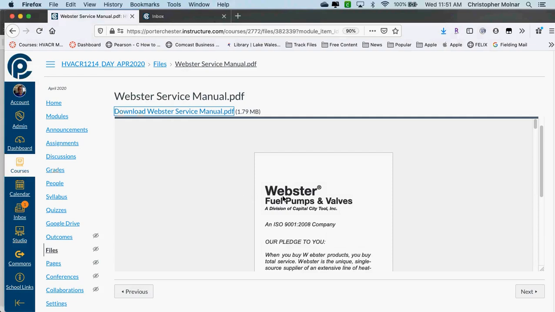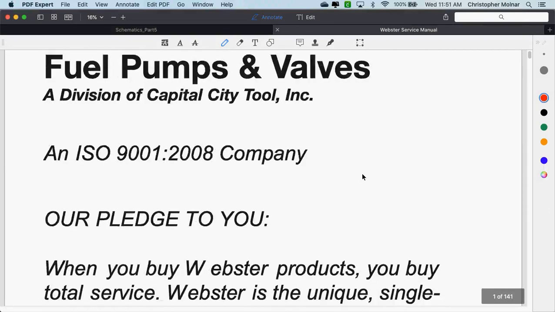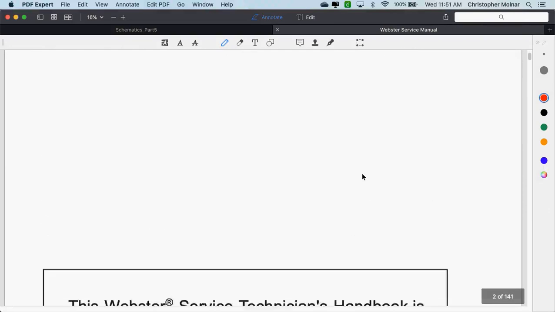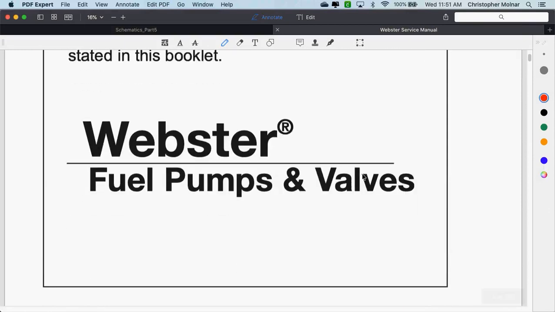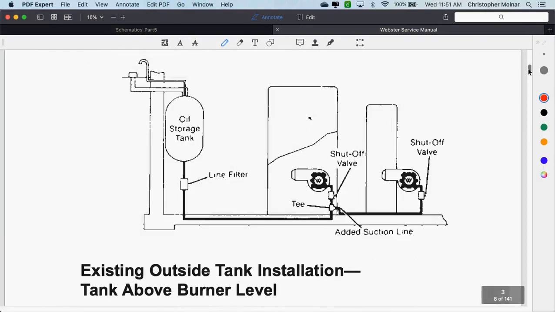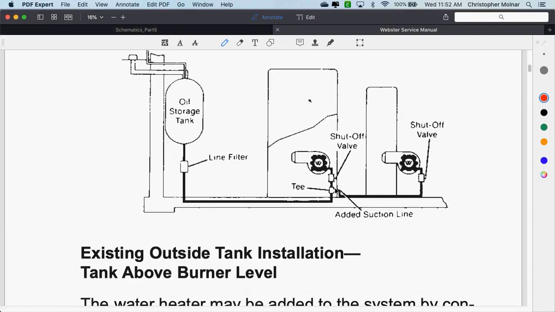The Webster pump manual is a neat manual. Sometimes you can't find them, but a lot of times they don't have that strainer. This is a relatively long manual, so I'm not going to go through it. But it shows you how to do different things with burners and what can be done with pumps.